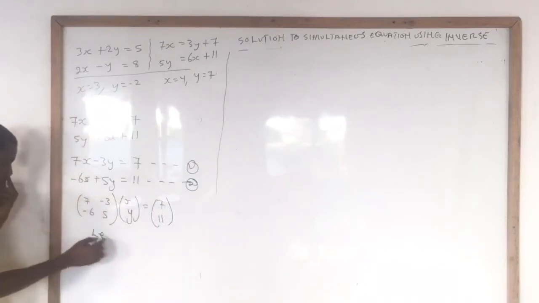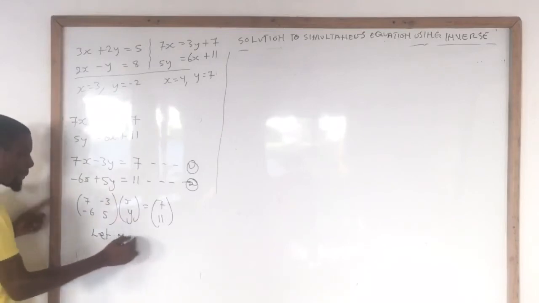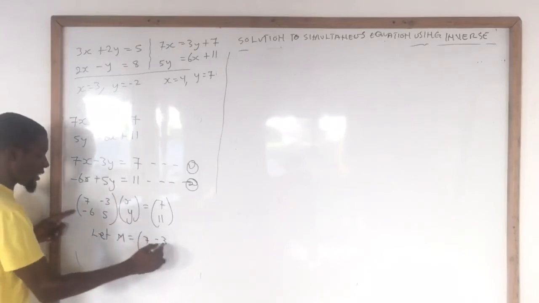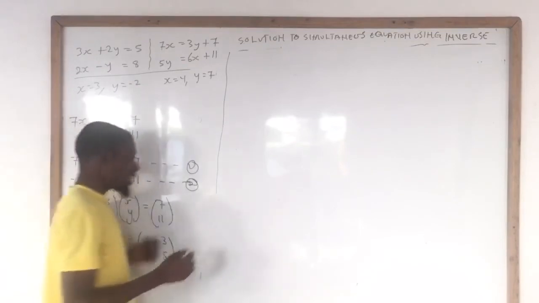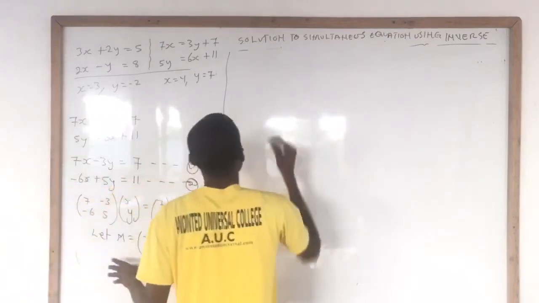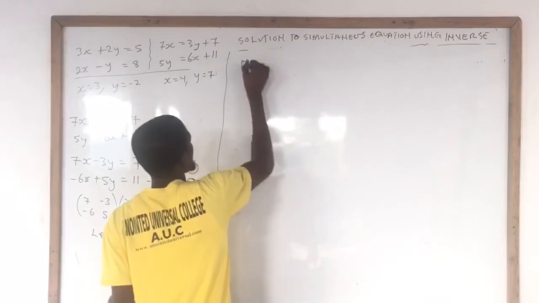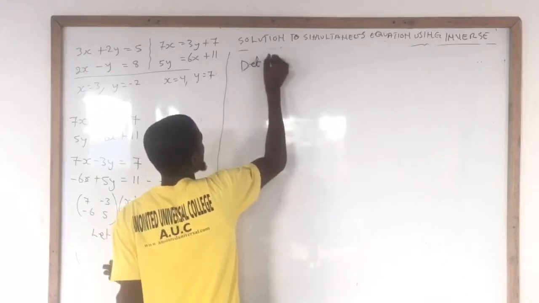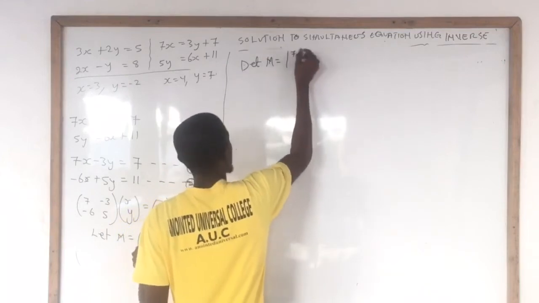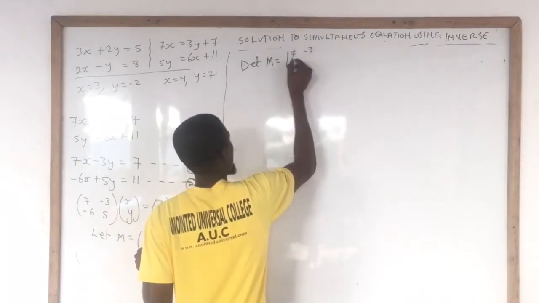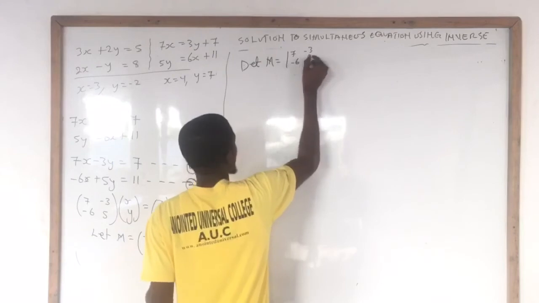Now, if we let M be our matrix, 7, next 3, next 6, 5. Of course, we first find our inverse of M. By finding the inverse of M, we first have to find the determinant. So my determinant of M is going to give me, this is 7, next 3, next 6, and then 5.